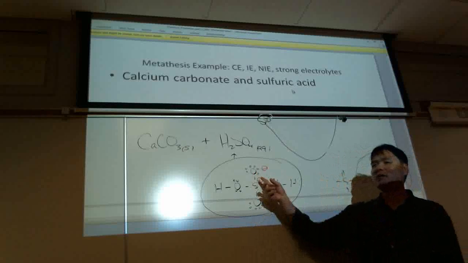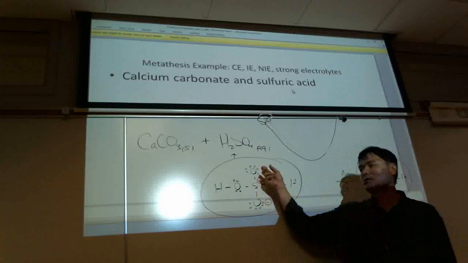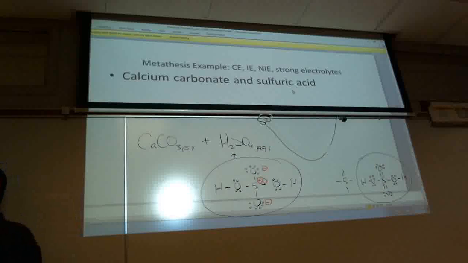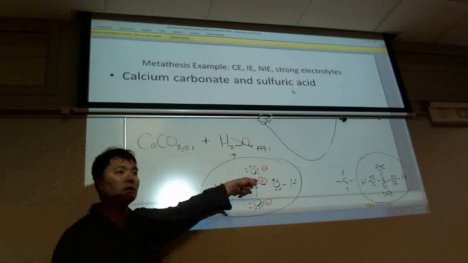Do we show the ionic bond? No, we don't. We just show the charges next to each other. That's what holds these ions together, the opposite charges next to each other. There isn't any special line drawn for an ionic bond.